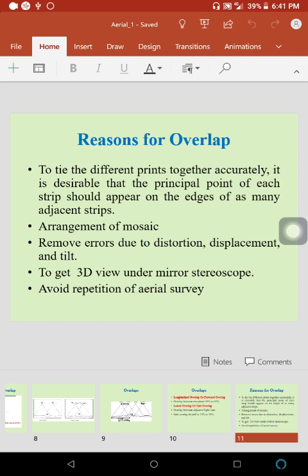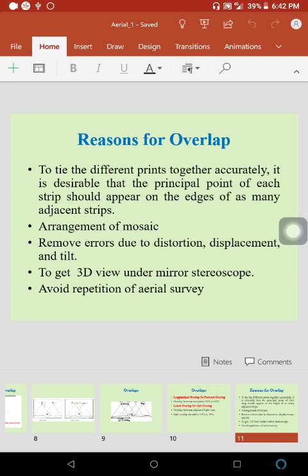Why do we need this overlap? This overlap is necessary to tie the different prints together accurately. It is desirable that the principal point of each photograph should appear on the edges of as many adjacent photographs as possible.